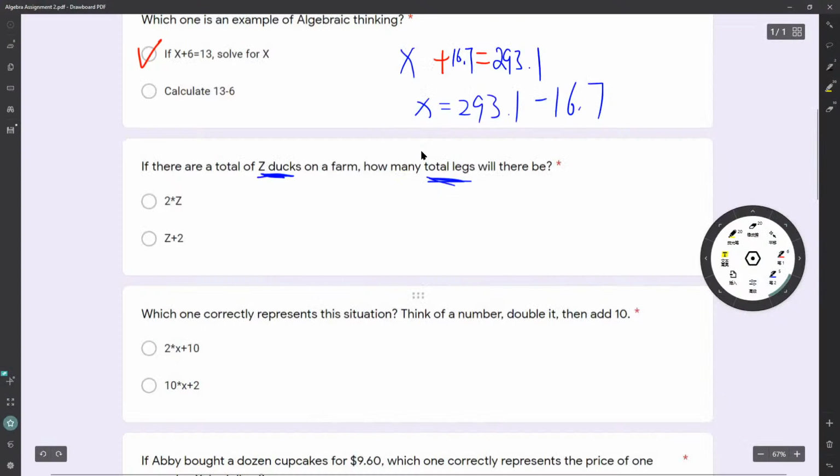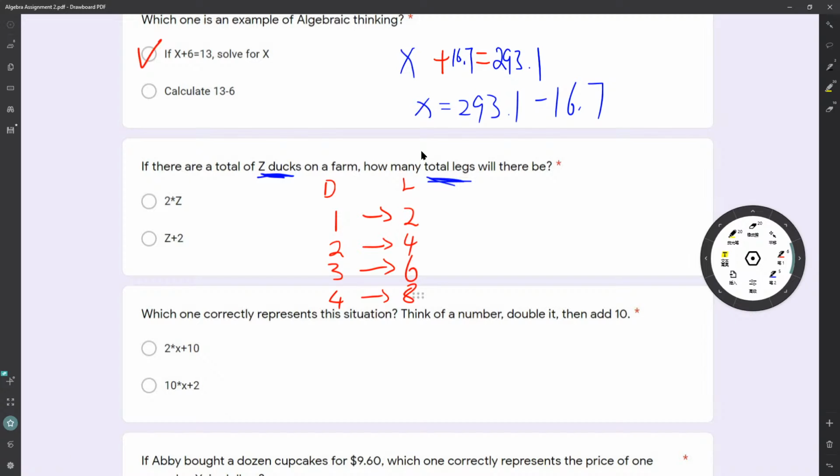So if we have 1 duck, that means 2 legs. So this is our ducks, this is our legs. 2 ducks, 4 legs. 3 ducks, 6 legs. 4 ducks, 8 legs. And you can see the relation. The legs is always double the number of the ducks because each duck has 2 legs.